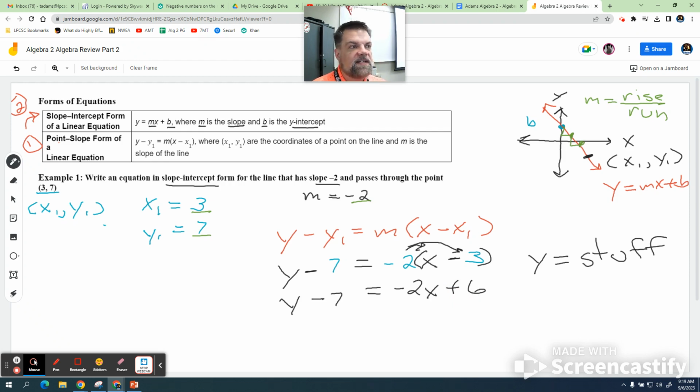Do we have y by itself yet? No. What do we need to move? -7. Always think in terms of moving things of the sign in front of the number or variable. So that 7 is being subtracted from y, so I would need to do the inverse, which is to add 7. Now 7 is a constant, so I can only add the numbers with the numbers, right?